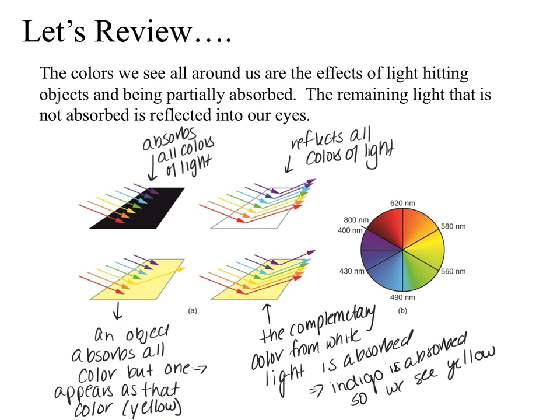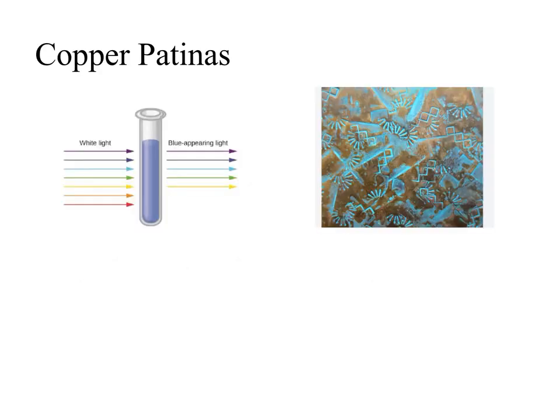Now let's talk briefly about our copper patina. When we looked at our copper patinas, we had some mix of copper with waters that were surrounding that copper. We also ended up with a mix of copper with ammonia that was surrounding it, and those gave us the greens and the blues. And so one of the reasons that we saw that is that those ions absorb orange and red light.